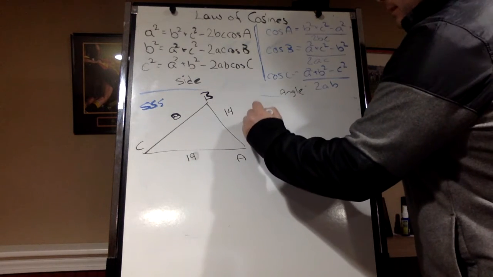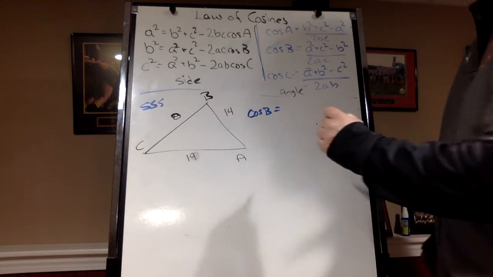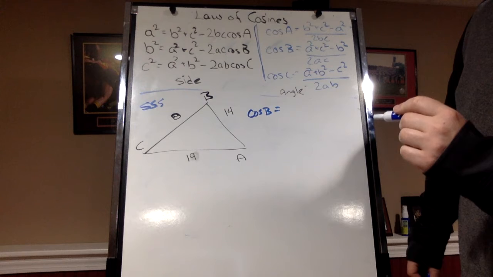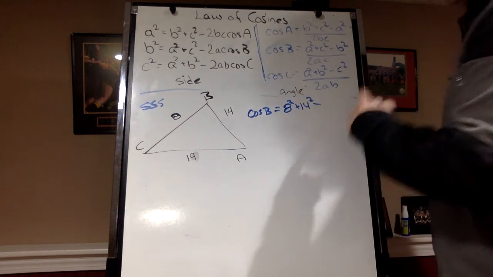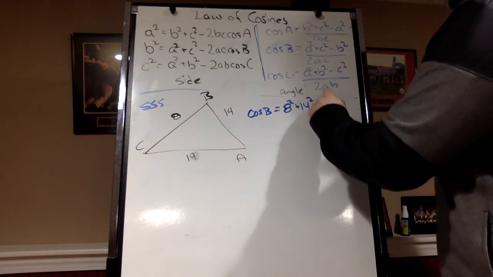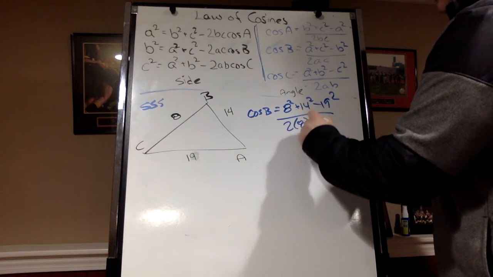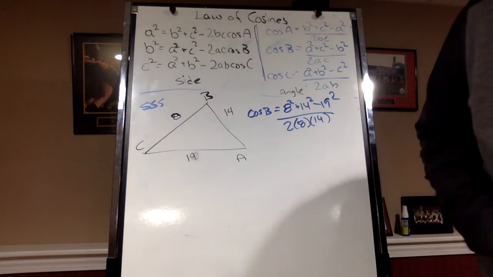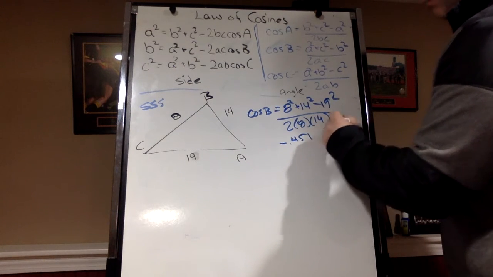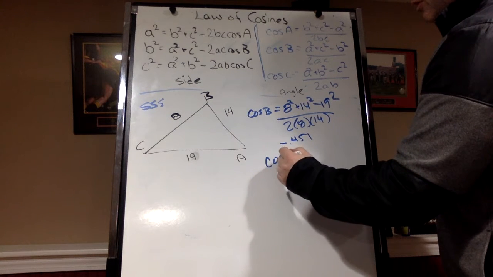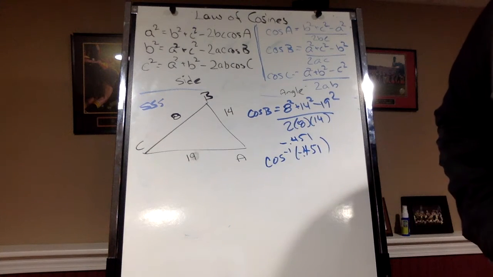And let's go with B. Cos of B equals A squared plus C squared, so that's 8 squared plus 14 squared minus the B squared, which was 19 squared, over 2 times A, which was 8, times C, which was 14. Bam! And that gives me negative 0.451, blah, blah, blah. And I'm going to do inverse cosine of that number, negative 0.451.